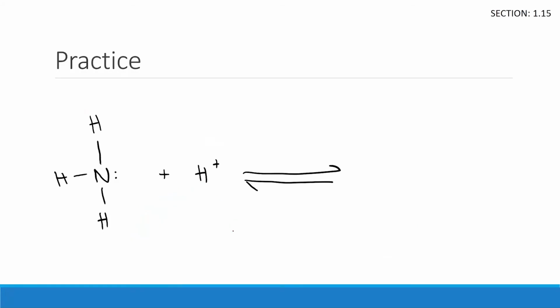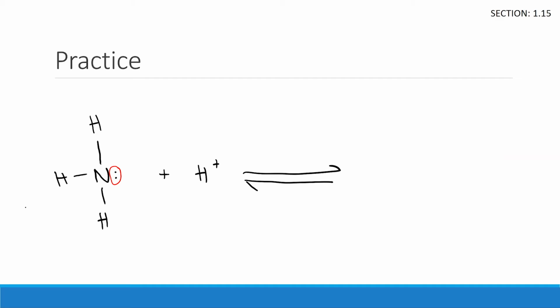Okay, so let's do another practice. In this case, I want you to look at our scenario. Where do we have electrons that can be donated? In this case, very obviously, our nitrogen has a lone pair of electrons. Our proton actually has no electrons. It's an H+. It doesn't even have any electrons. So in this case, it's kind of obvious that our electrons can be donated from this nitrogen here.